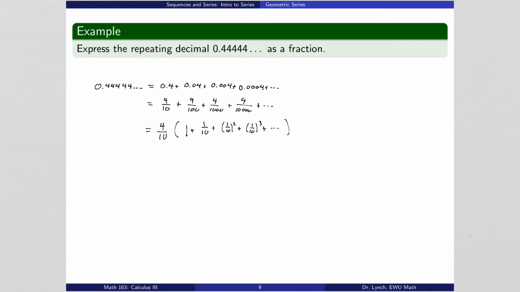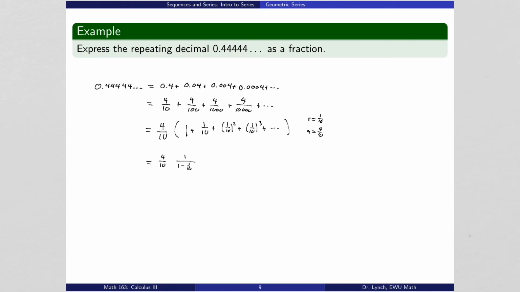Now, of course, this is a geometric series with A equals 4/10 and R equals 1/10, so it converges. And it converges to the quantity 4/10 times 1 over 1 minus 1/10.